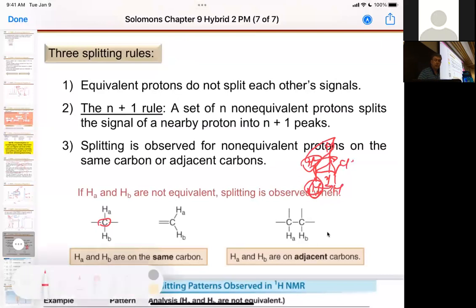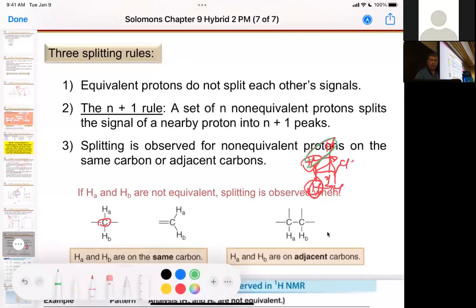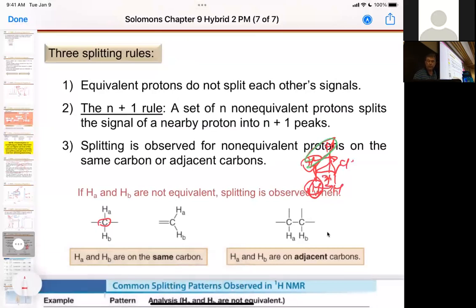These are equivalent here. And this one's 3 bonds away, that one's 3 bonds away, and that one's 2 bonds away. So we have 1, 2, 3, 4. 1, 2, 3. So this hydrogen is actually going to be split 4 times because it has 4 different non-equivalent hydrogens within 4 bonds. So even though these 2 are on the same carbon, we will see splitting from that.